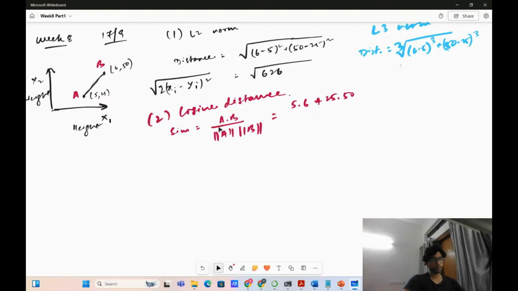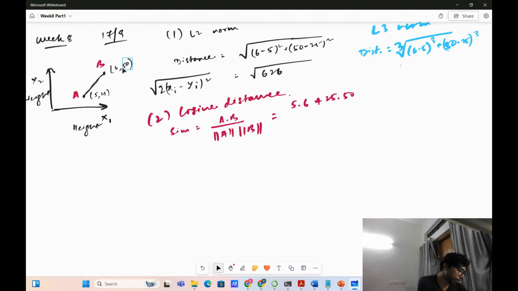If you are familiar with vectors, if A and B are two vectors, then the dot product is the product of the x-axis value, that is 5 times 6, plus the product of the y-axis value, 25 times 50. If you are given higher dimensional data, if you have a z-axis, then you have to add the product of the z-axis value as well.